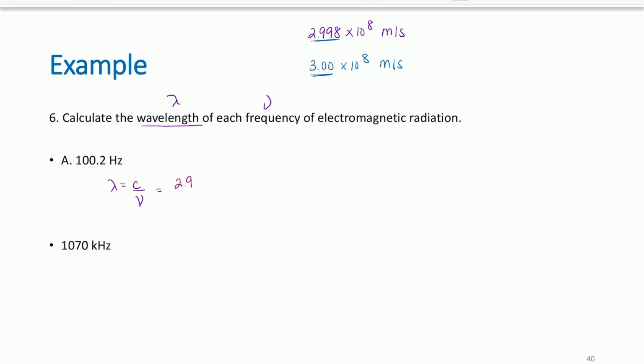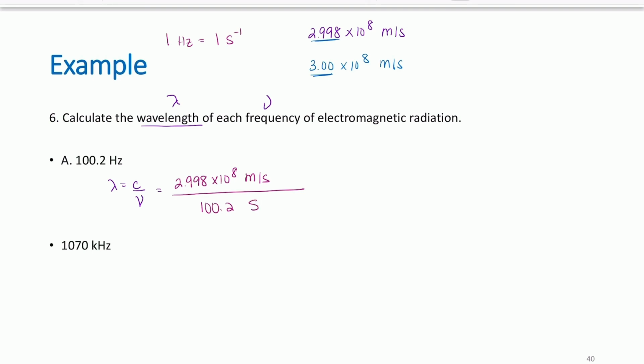So 2.998 times 10 to the 8th meters per second divided by 100.2 hertz. 1 hertz equals 1 second to the minus 1. It's 1 cycle per second.